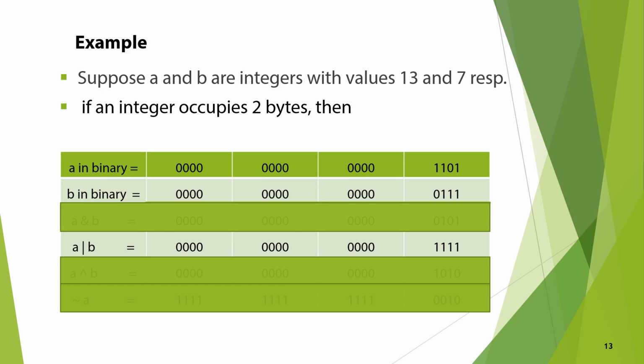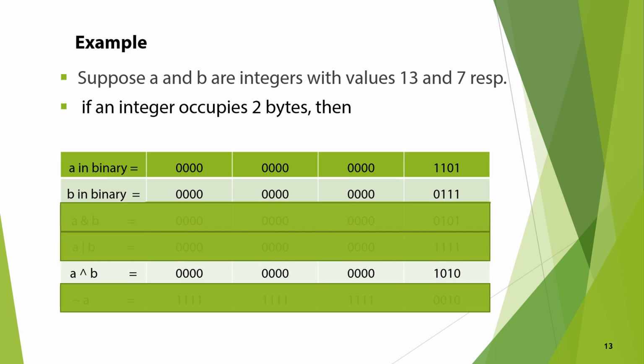Now next will be exclusive OR. Here in exclusive OR, whenever both the bits are similar, then the answer will be 0. Therefore 1 1 gives 0, 0 1 gives 1, next 1 1 gives 0 and 1 0 gives 1. This will be the answer, and again as usual the remaining zeros remain as they are.